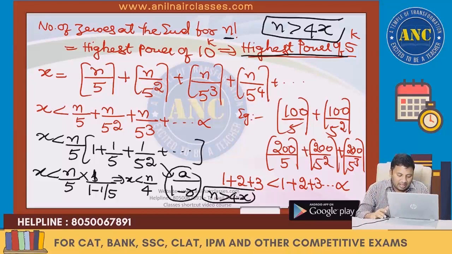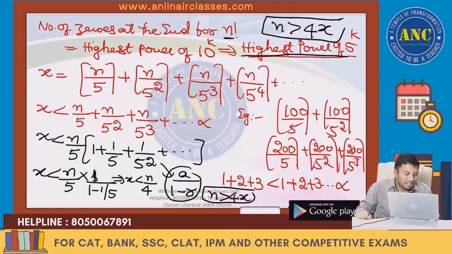Can I say that 1 plus 2 plus 3 is less than 1 plus 2 plus 3 till infinite? A finite series is always less than an infinite series. So x is less than n by 5, n by 5 square, n by 5 cube, and so on up to infinite. X is less than n by 5 times (1 plus 1 by 5 plus 1 by 5 square till infinite).